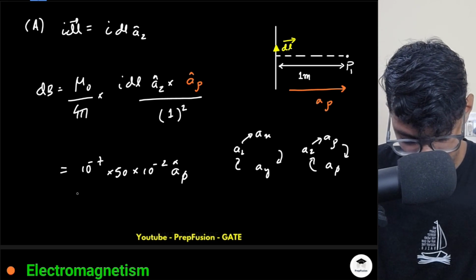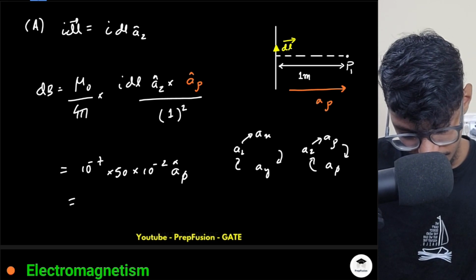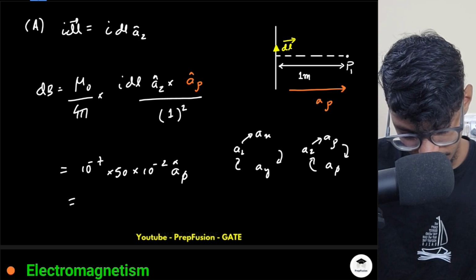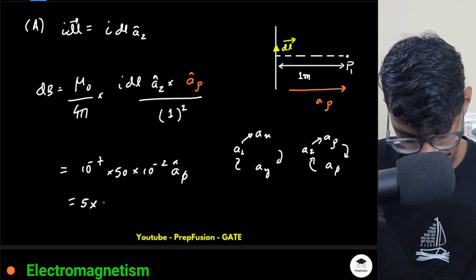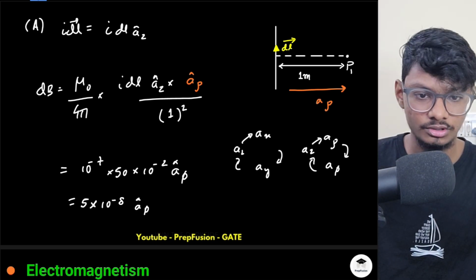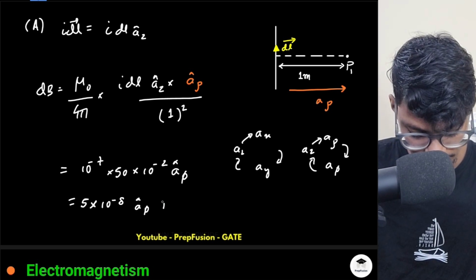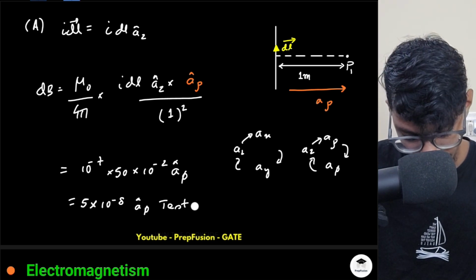And if I further simplify this, it is 5 times 10 raised to power minus 8 in the a_rho cap direction. And what is the unit? I hope you remember the unit. The unit was simply Tesla, or Weber per meter square also you can write.